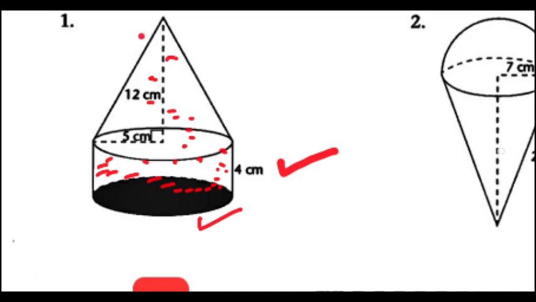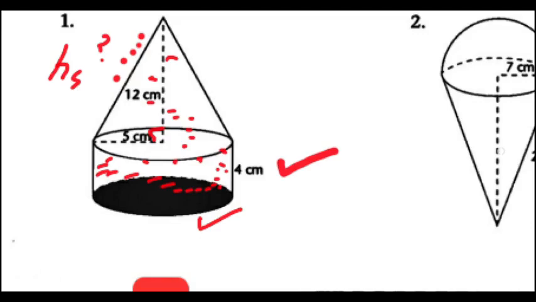So this is the slant height that I need to find. Remember I told you the slant height runs from the side of the base to the top of the cone. This is a 90 degree angle, must remember, so we're going to use Pythagoras here. We need to find the longer side.